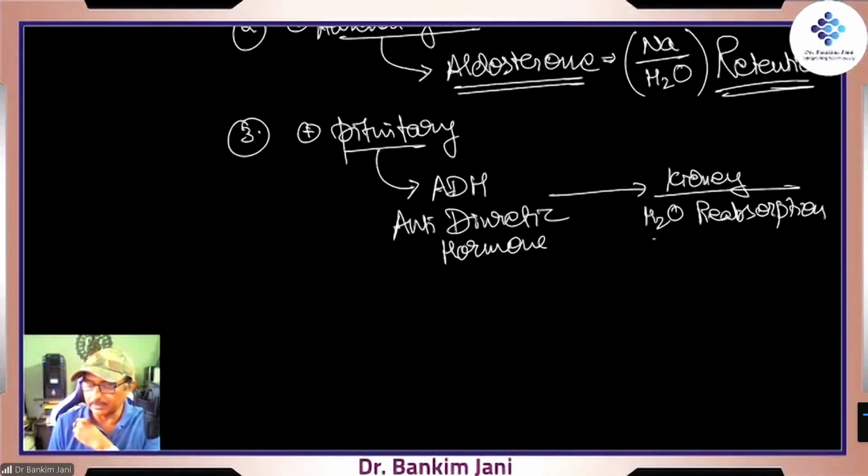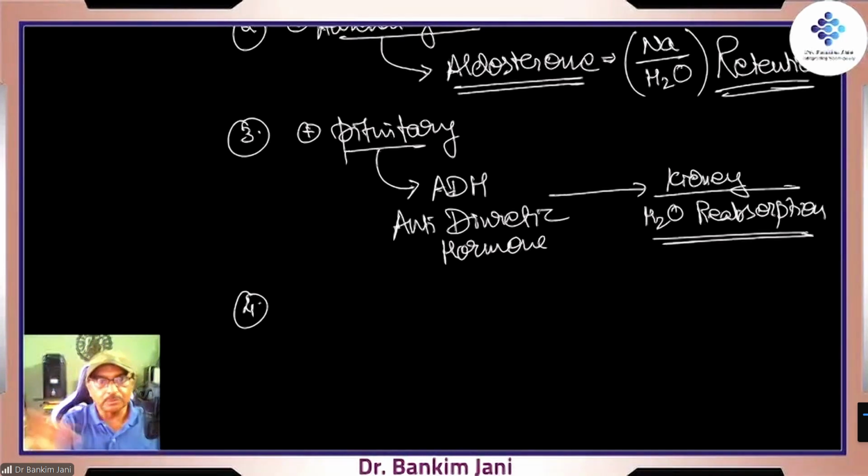When the water is getting reabsorbed, sodium and water are also not allowed to go. And on top of it, as it is going to the brain, it will go to the neighbor also. It will go to the hypothalamus.